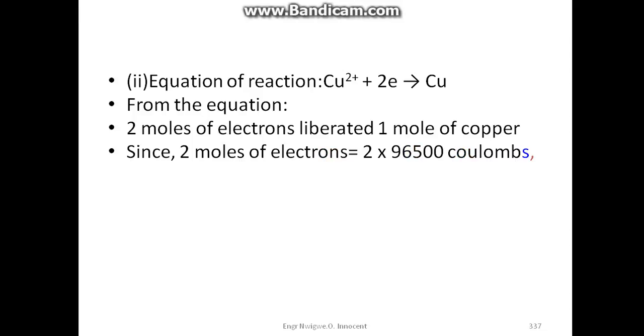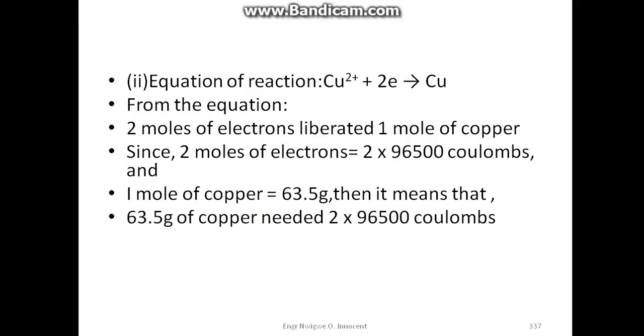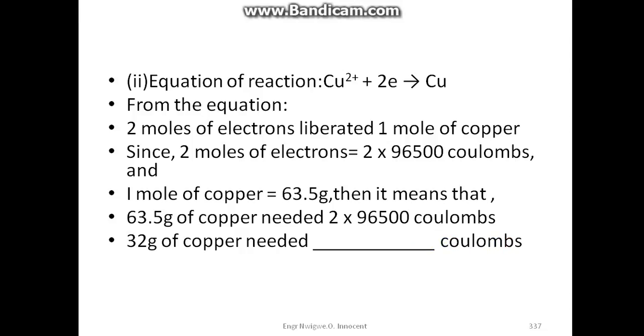Since 2 moles of electrons is equal to 2 times 96,500 coulombs and 1 mole of copper equals 63.5 grams, then 63.5 grams of copper needs 2 times 96,500 coulombs. 32 grams of copper needs 32 times 2 times 96,500 over 63.5 coulombs, which will give us 97,260 coulombs of electricity.